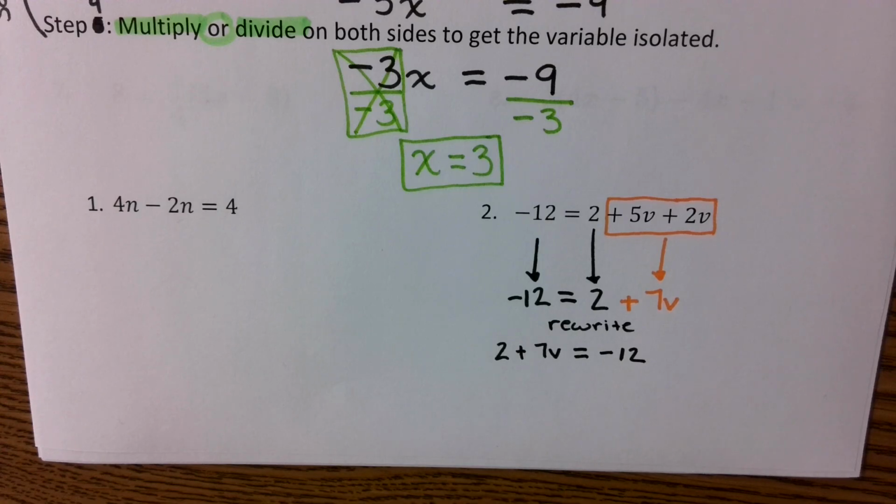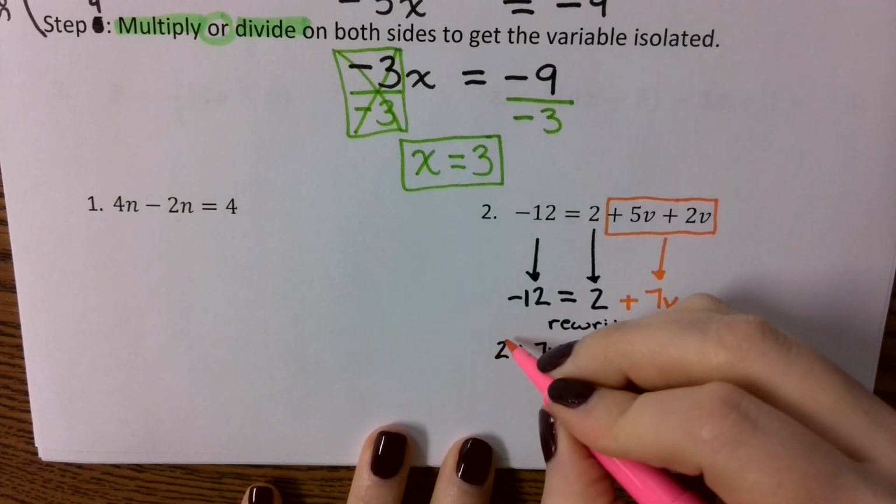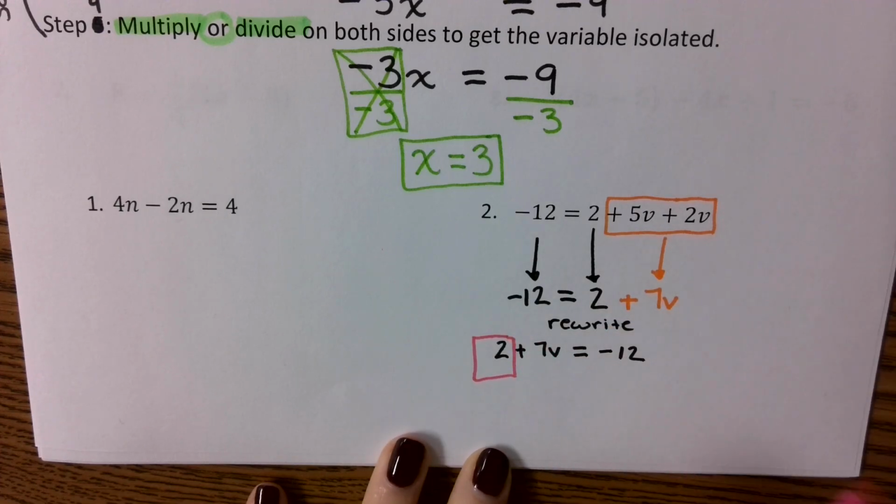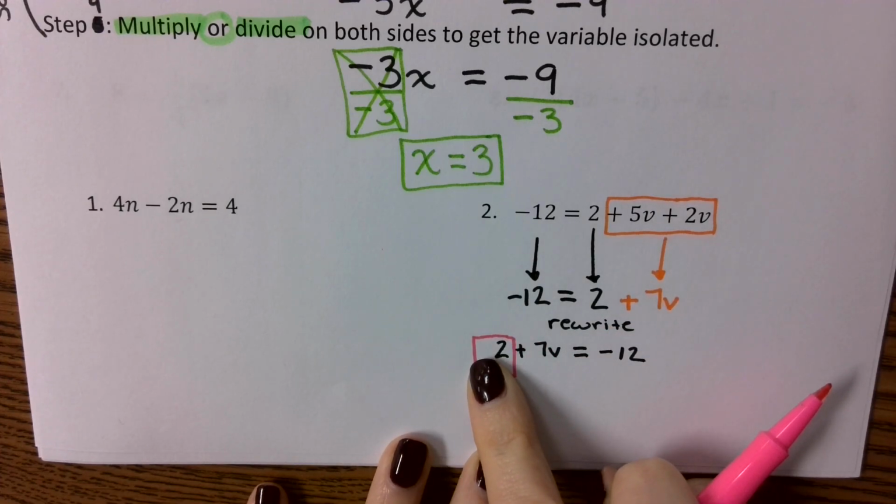Okay, we should move to step 3. Do we have a constant that needs to be moved? Jordan? The 2. Okay, so we're going to put a box around the 2, but something's missing in front of it. Remember, I always like to have an operation or a sign in front of it. Lucas?